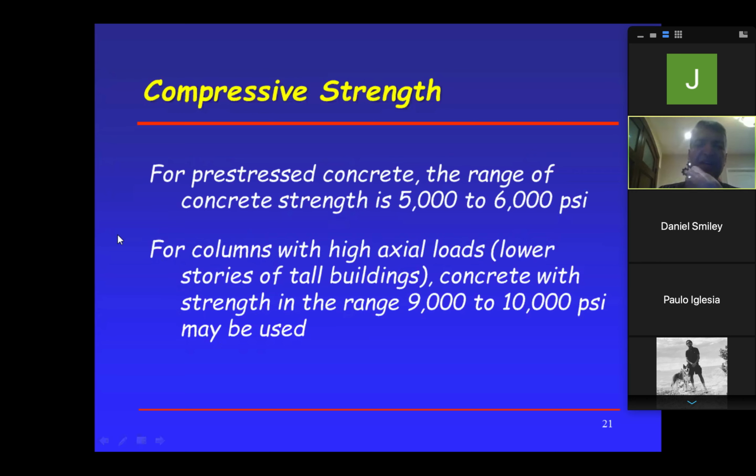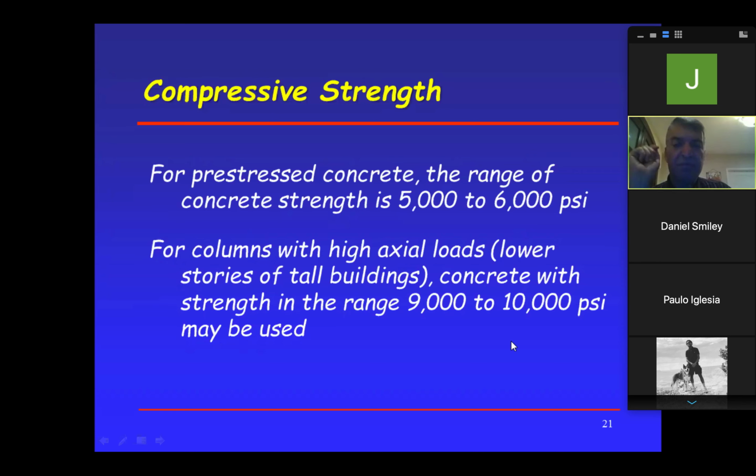Now, for columns with high axial loads, lower stories of tall buildings, concrete with strength in the range of 9,000 to 10,000 PSI. Look at that. Remember, the typical is 4,000. Can you imagine 10,000? When would we do that? In the tallest building in the world, in Dubai, what do you think the first floor columns are? You can just imagine how big they're going to be, right? So of course they're going to use this kind of PSI.